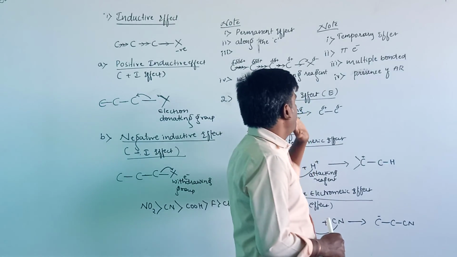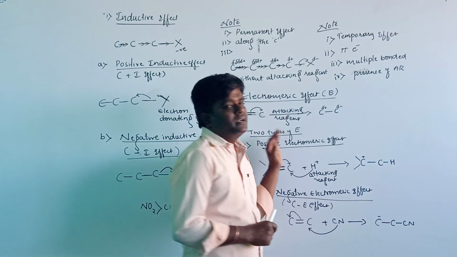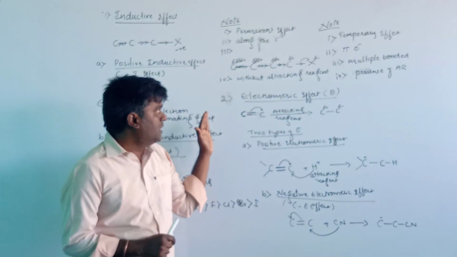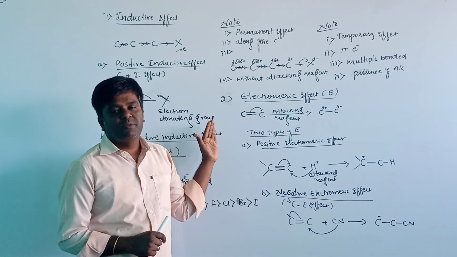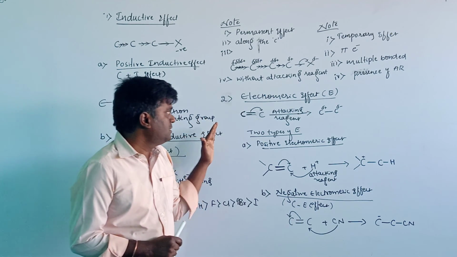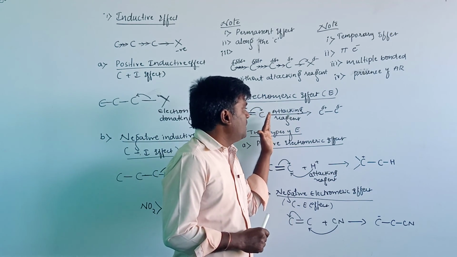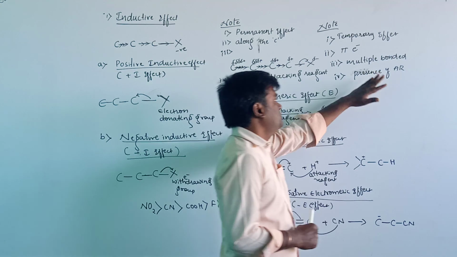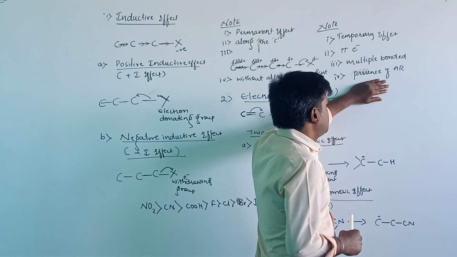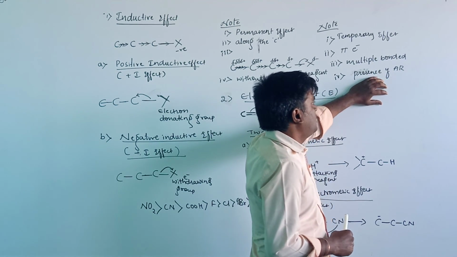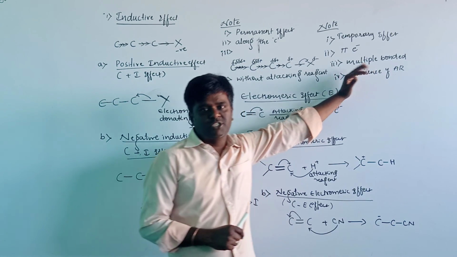And the notes: this effect is a temporary effect, the displacement of pi electrons takes place, it can be seen in multiple bonded species, and it takes place only in the presence of an attacking reagent.